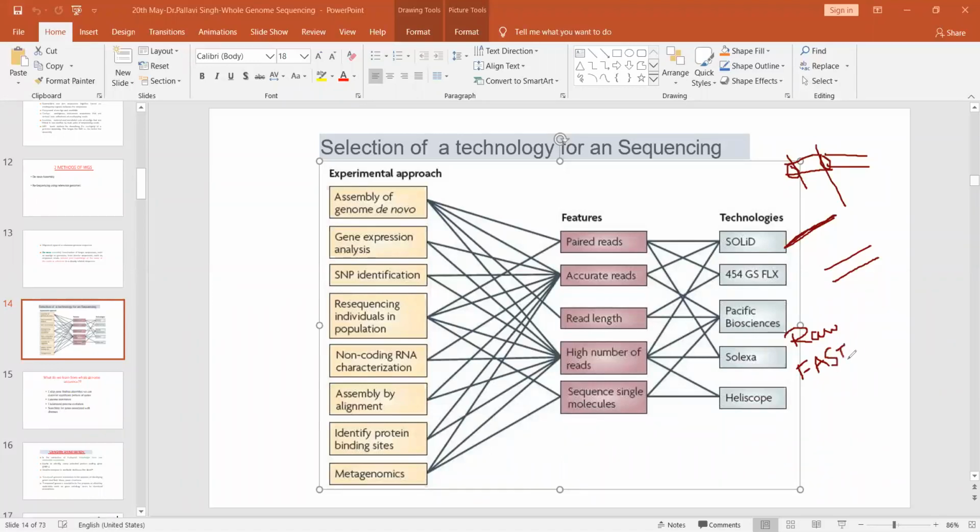FASTA, we have told you, is mainly 2 lines: the first line is the description, and the second line tells the sequence. But in case of FASTQ, we have a sequence of 4 lines, for the reads that you use for sequencing after fragmenting your DNA.